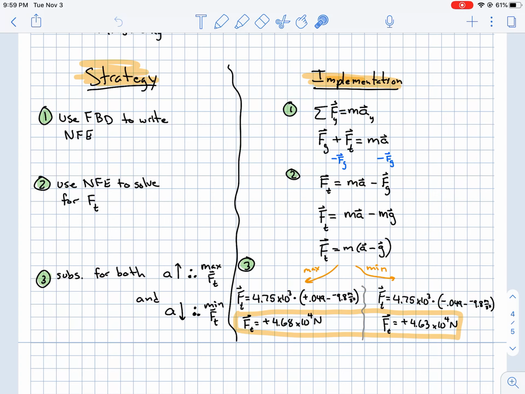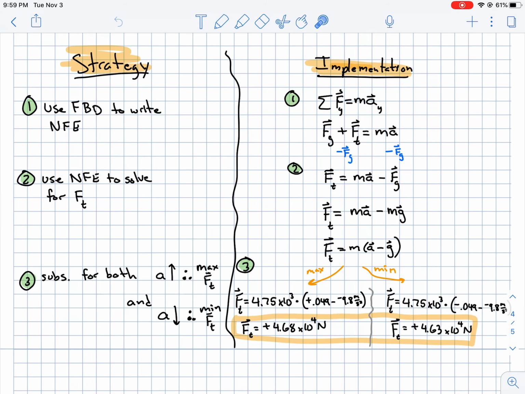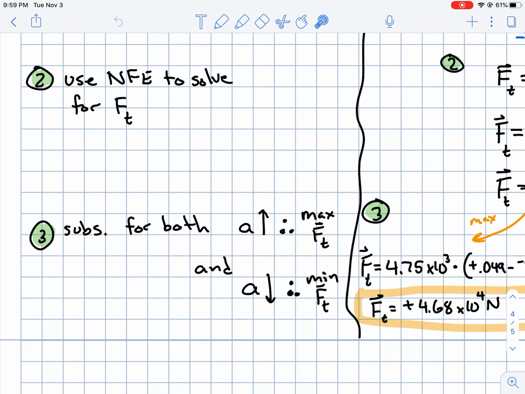A real quick conceptual understanding here is that if we have an upwards acceleration, that's where our tension is at a maximum. A downwards acceleration will result in the minimum tension force.